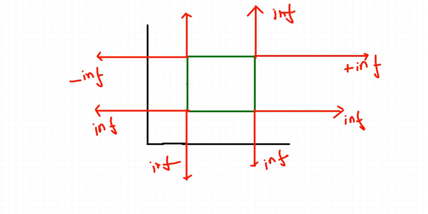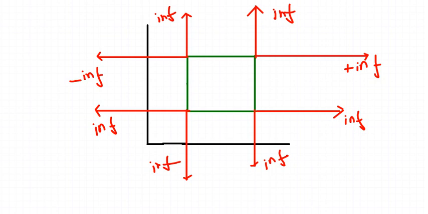Now observe the entire diagram as a whole carefully. What we have achieved by extending the edges up to infinity. If you notice, by doing so, we have divided our entire space into 9 regions.